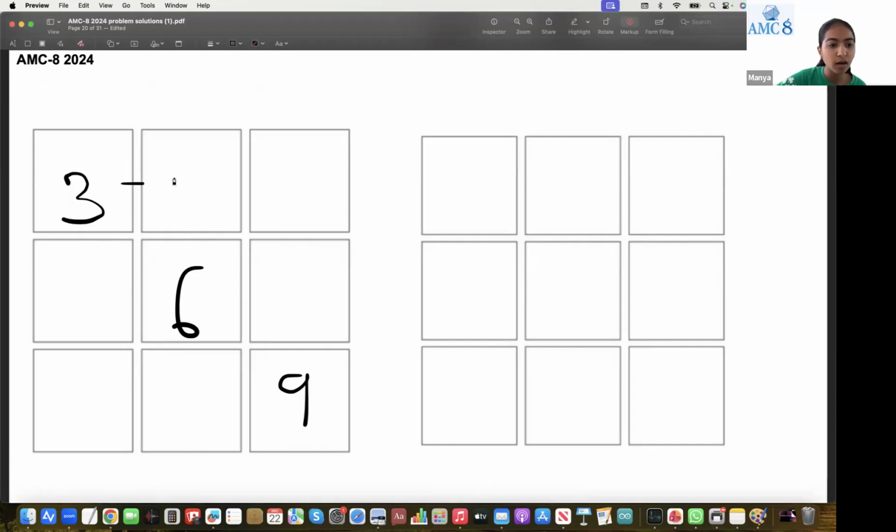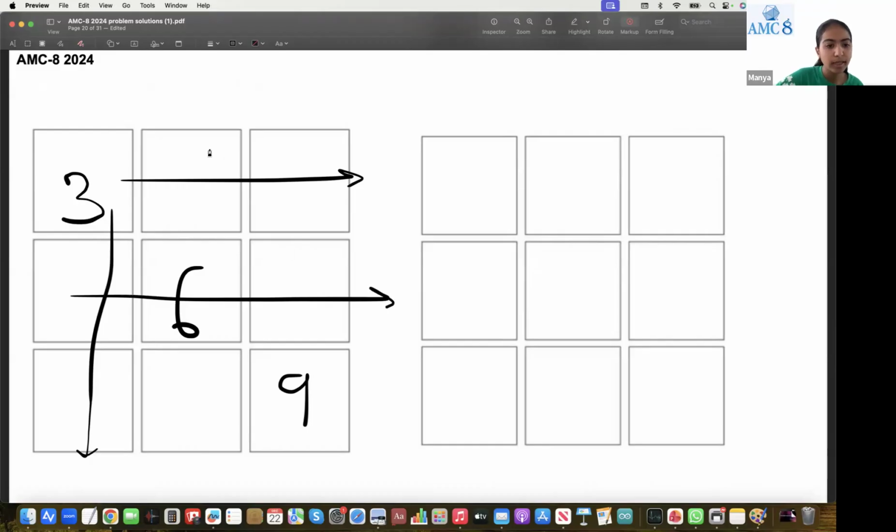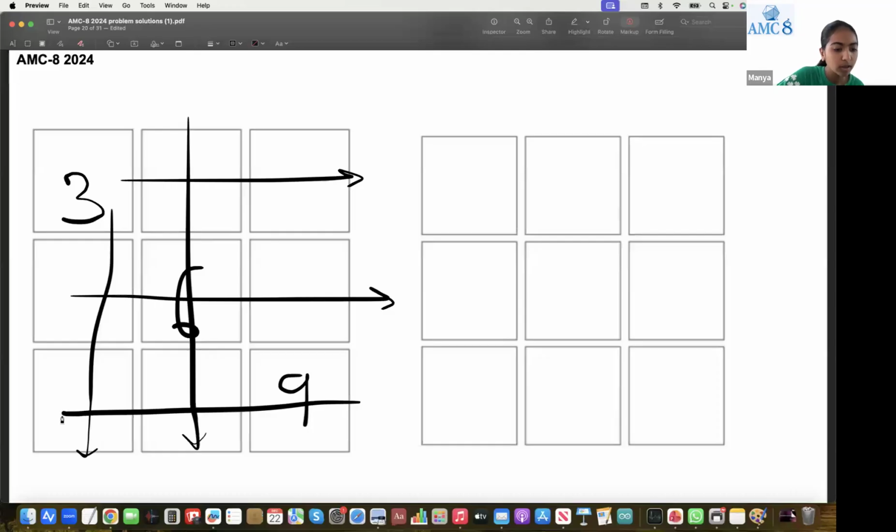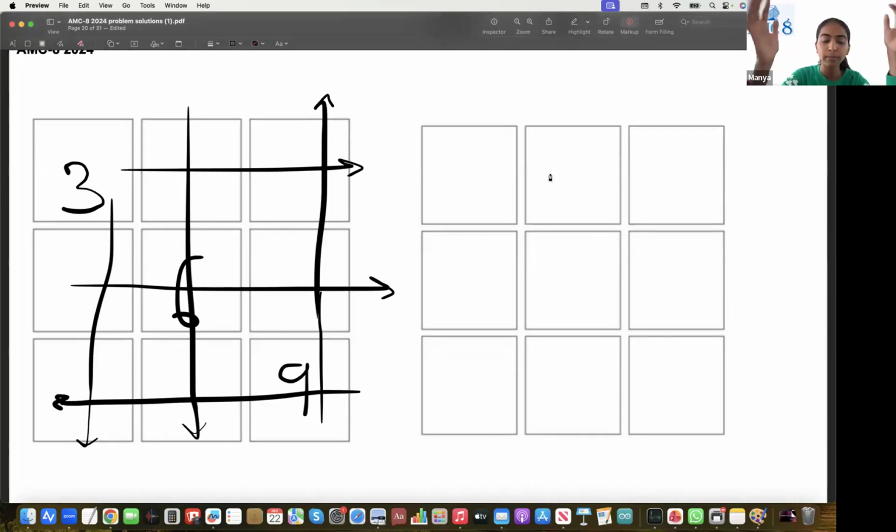This 3 would cover this whole row and this whole column, the 6 would cover its row and column, and the 9 would cover its row and column as well. If we place 3, 6, 9 like this, they'll cover the entire grid, no matter what numbers you place in the other spots. So if we spread the numbers apart, they'll cover the majority of the grid.